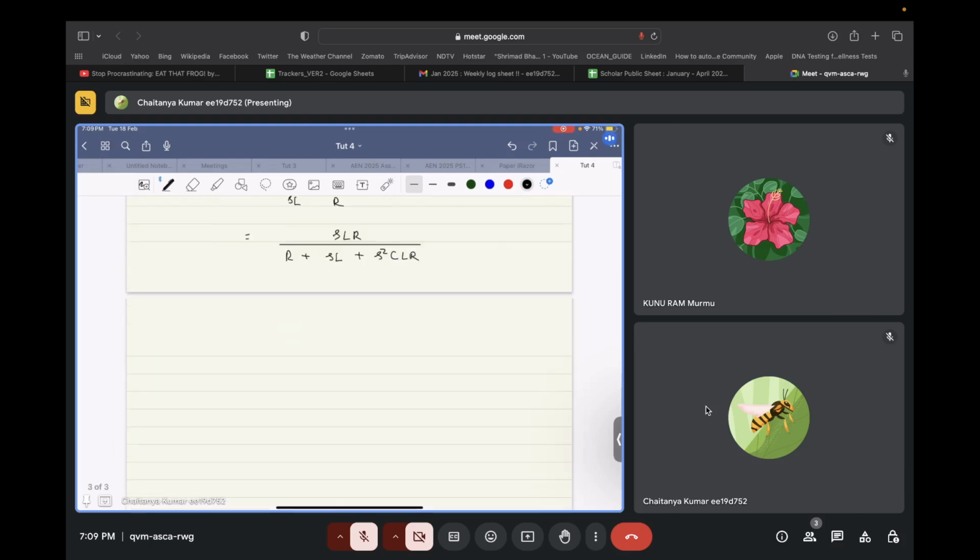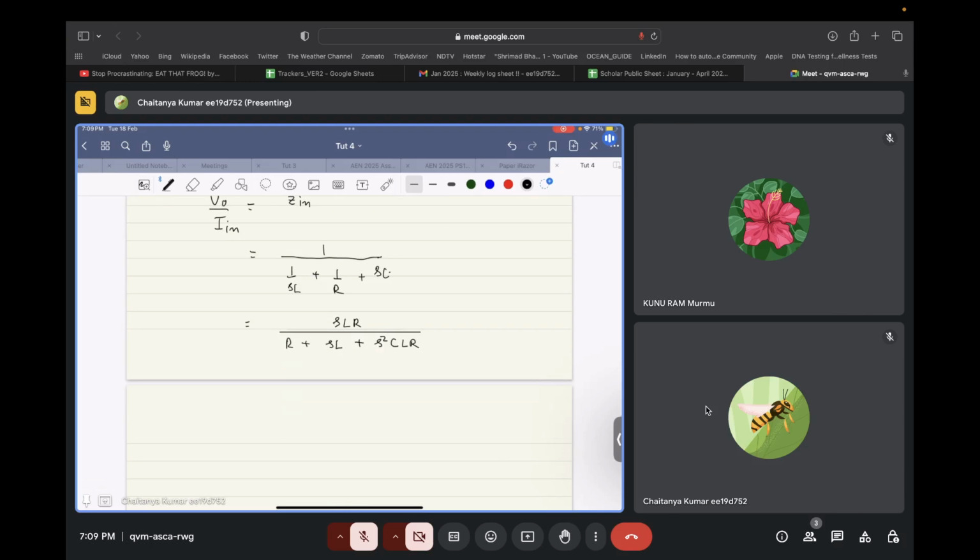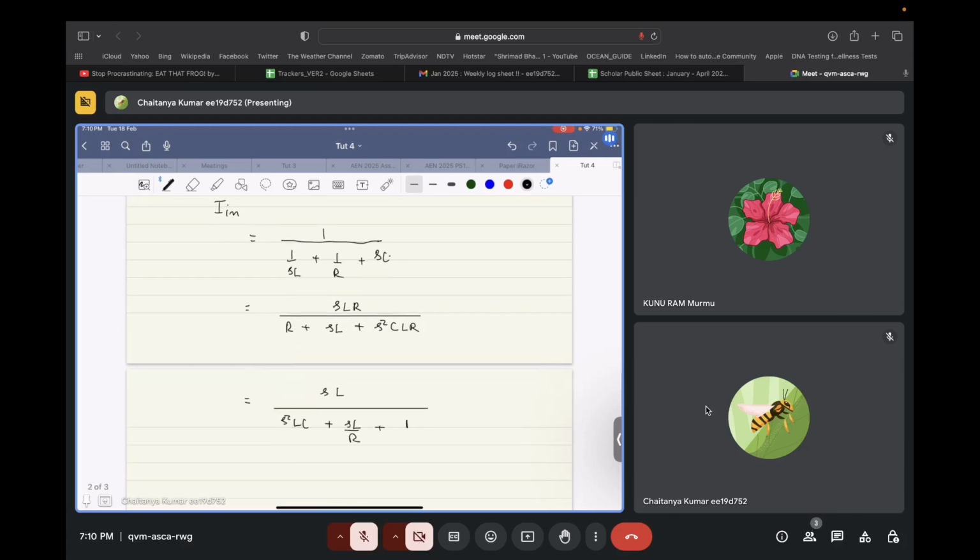So let's take R as common from this complete thing. So we get SL divided by S square LC plus SL by R plus 1. Correct? So if we just multiply it and divide it by R, we get this thing over here, right? Now this is what we have as V naught by I in.